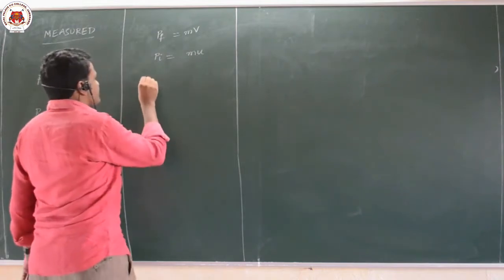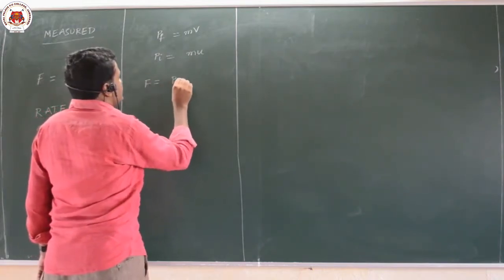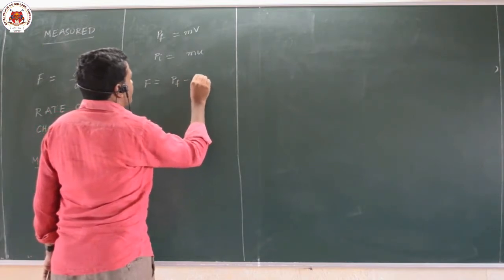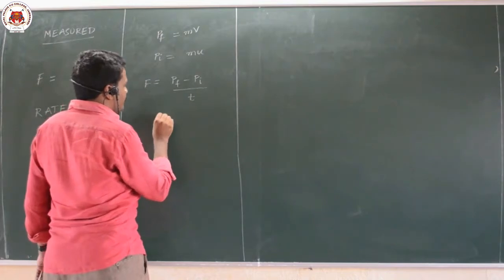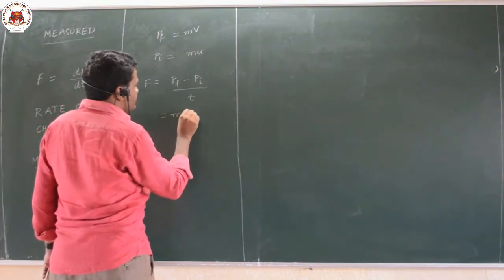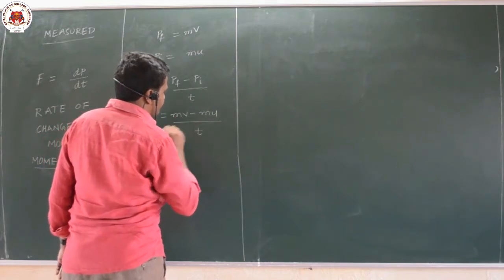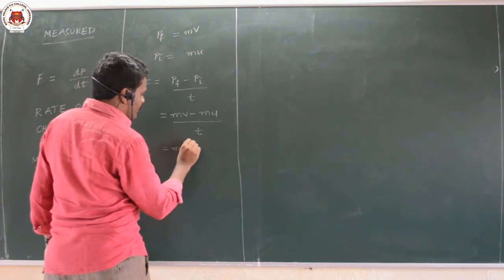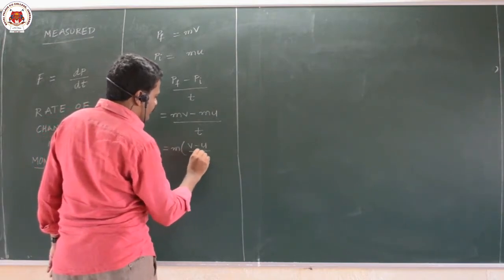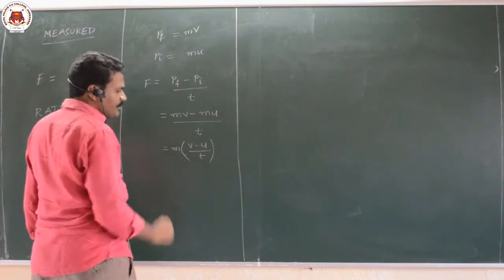Therefore, force is equal to final momentum minus initial momentum by time taken. That is m into v minus m into u by time taken. That is m into (v minus u) by t.